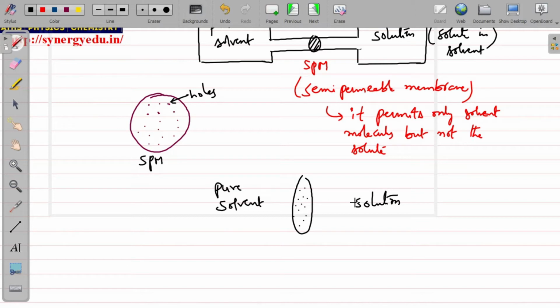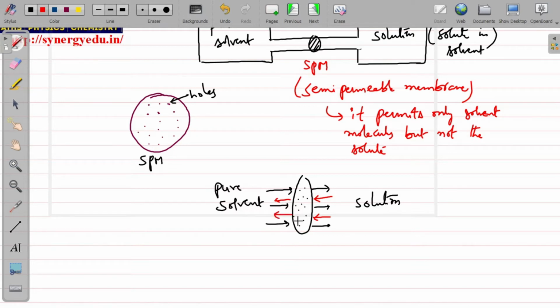Here only solvent molecules are allowed to travel through the pores. So from left to right, solvent molecules are going through the pores to the right side, and from right to left also there will be solvent molecules going to the left side. So it happens in both ways.